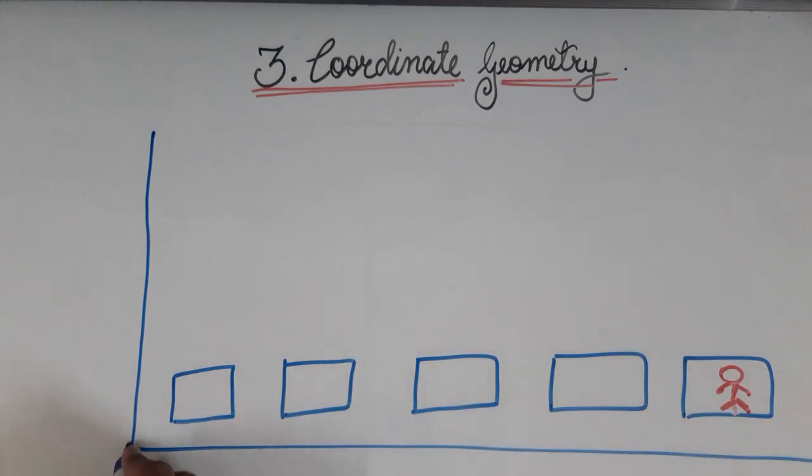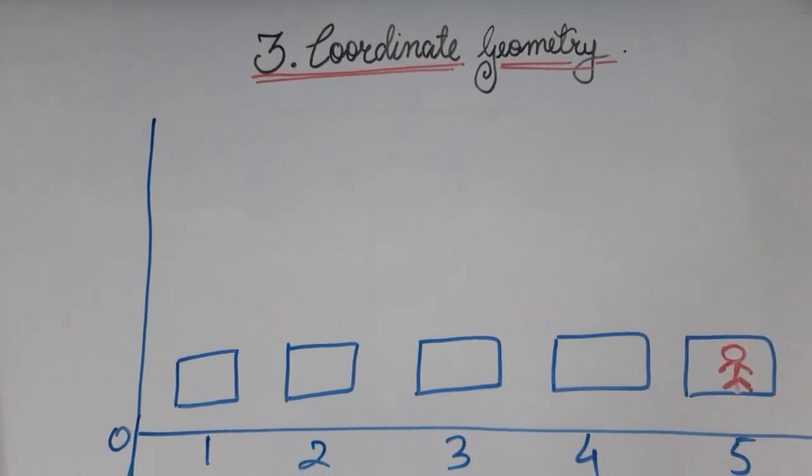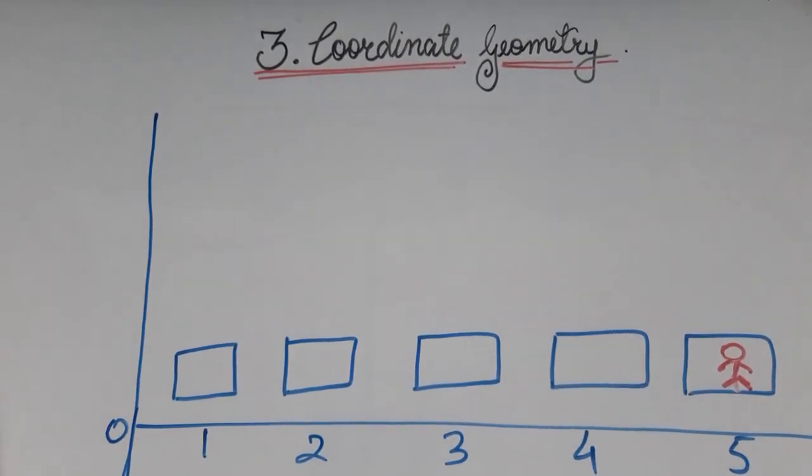So this will be the wall. The wall is your origin. 1, 2, 3, 4, and 5. So you are sitting at the fifth place, right? You are on the fifth chair. This is a single row, so the number line is enough.